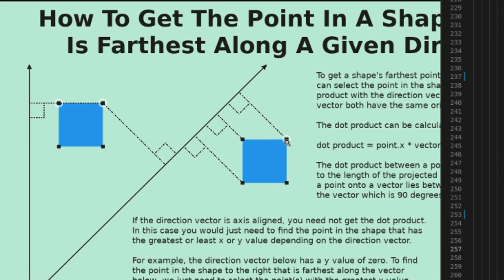So we take the dot product of this point and we store the x and y value of this point. Then we move on to here and we test, no, the dot product isn't as big as the dot product for this point was, so we exit and we just use this point. This is the point farthest along this vector, and this is what we're going to have to use to collide with a line segment up here. And that's a pretty good way to visualize it, I think.